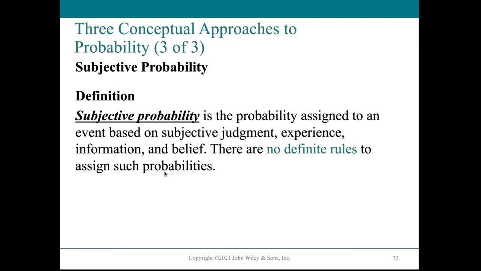So the third conceptual approach is subjective probability. This is the probability assigned to an event based on subjective judgment, experience, information, or belief. This one is a bit ambiguous because there are no definite rules here. You just feel that, for example, when I go out of my home here in Venezuela, I feel that I will have a 25% chance of getting COVID, for instance.